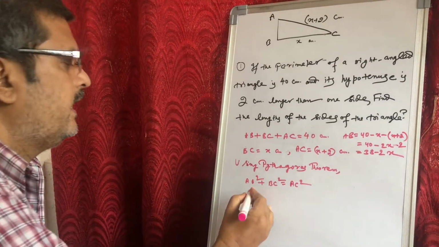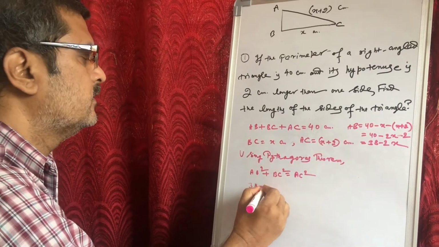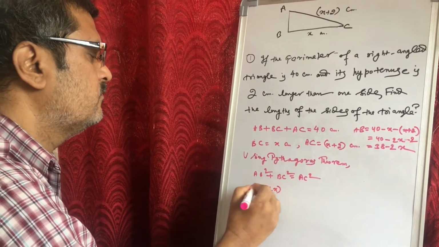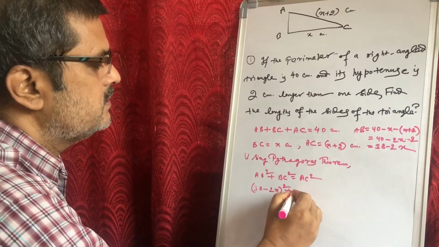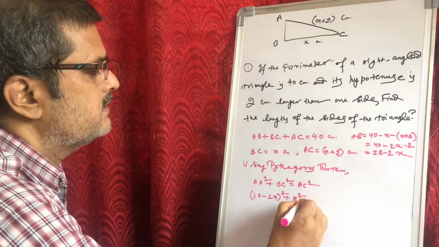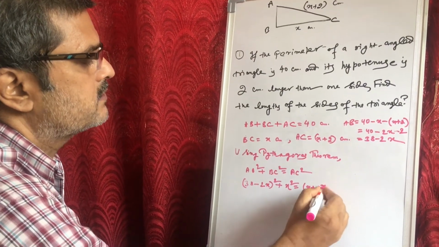Now I have to write 38 minus 2x whole square plus BC, which is x square, is equal to AC, which is x plus 2 whole square.